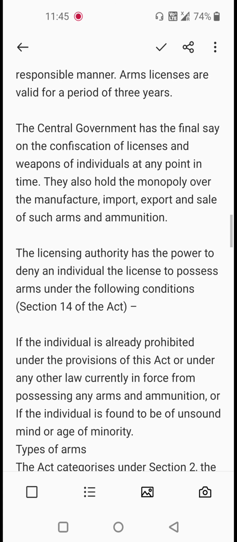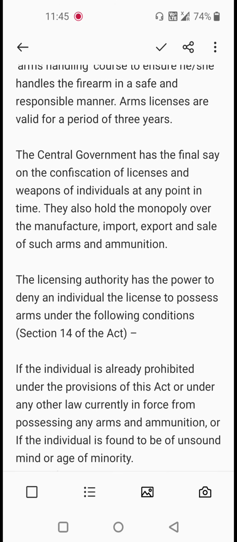After granting a license, the central government also has the right to confiscation. Confiscation means taking back your license at any time when the central government feels that there is no need or there is harm from your license.